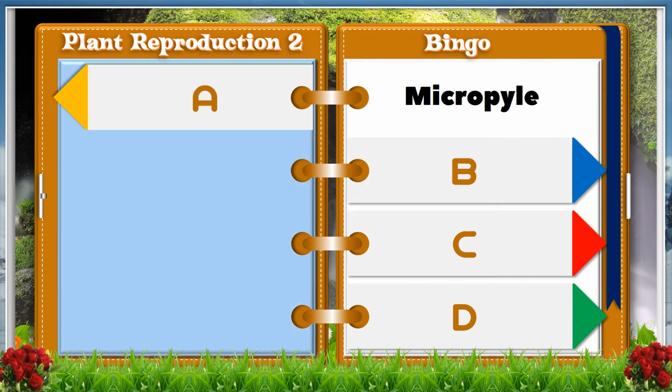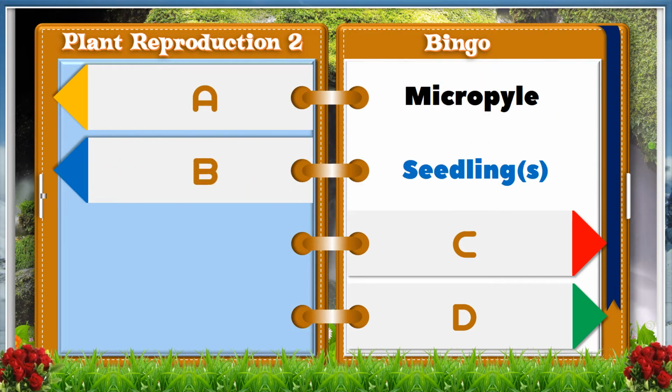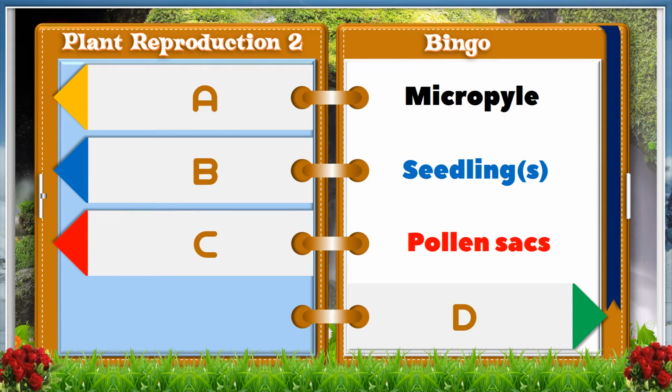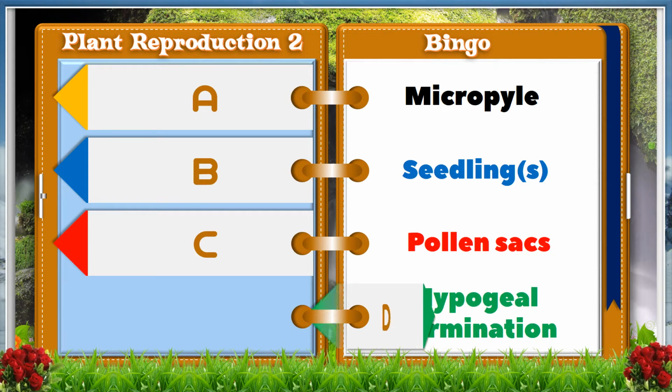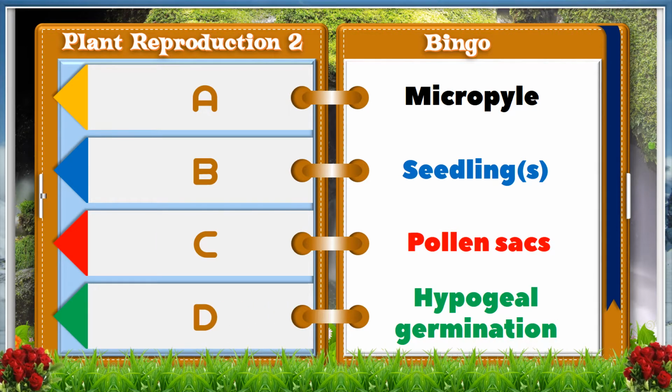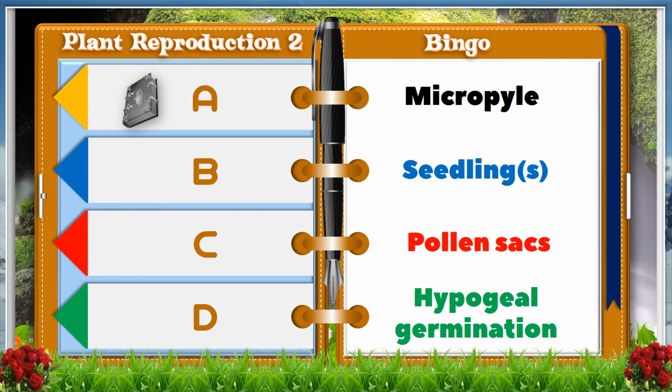A. Micropyle. B. Seedlings. C. Pollen sacs. D. Hypocotyl germination. And the answer is A. Micropyle.